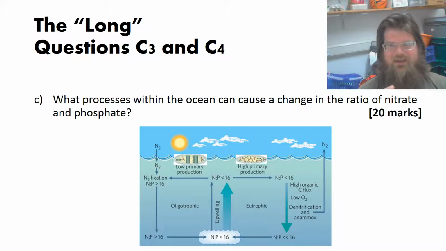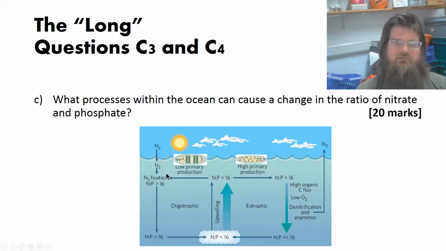The other one is a sneaky freebie given from the previous question: you can change the N-to-P ratio by changing the plankton community. If you have lots of bloomers, rapidly producing because there are loads of nutrients available, they will preferentially remove more phosphorus from the surface ocean, so they will change the N-to-P ratio that way.